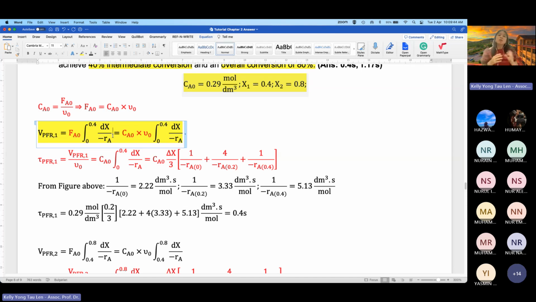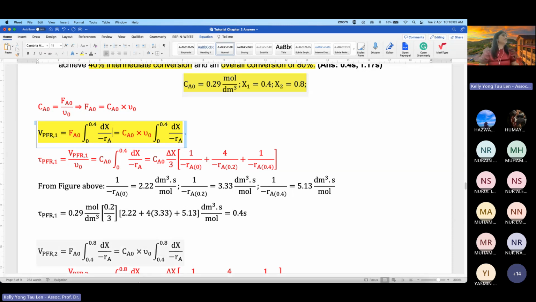Sebab kamu tahu equation ni sepatutnya digunakan, sebab that is the only equation that you have. But the equation that you have right now cannot solve what you want and don't even have the information that you need. Okay, so then you have to think back. How does this equation correlate to what you want to find?